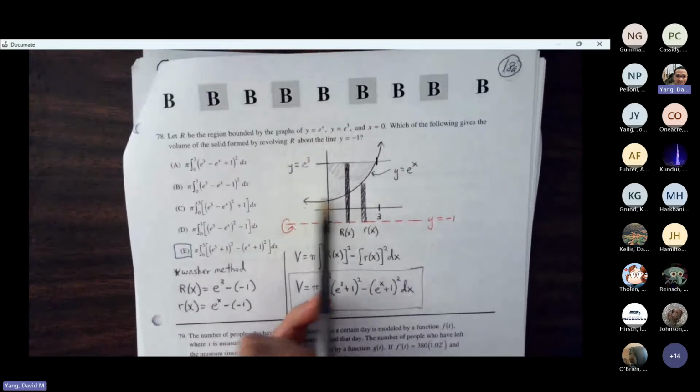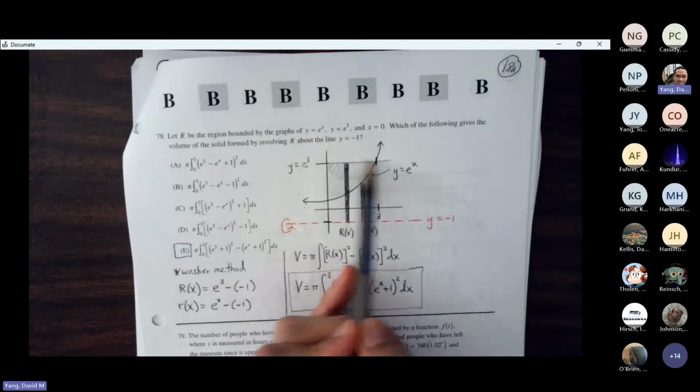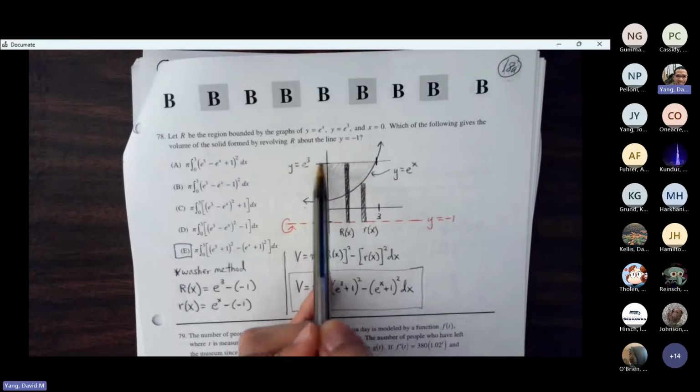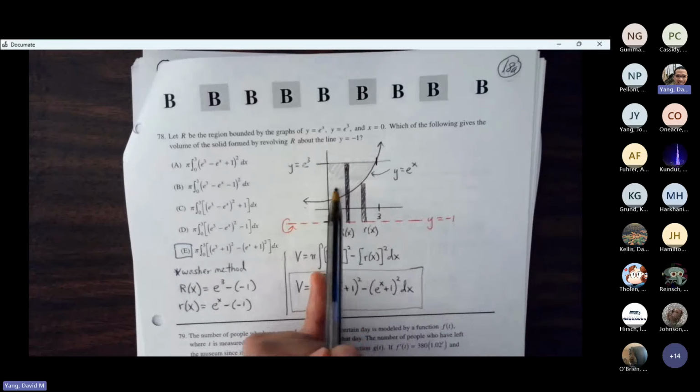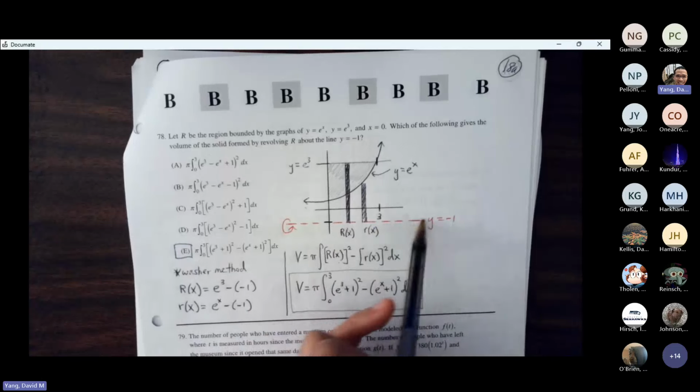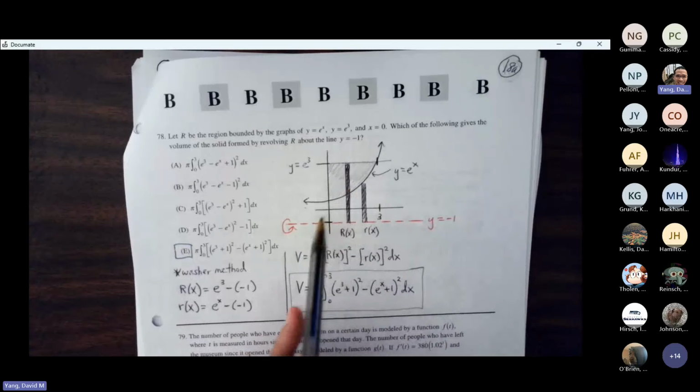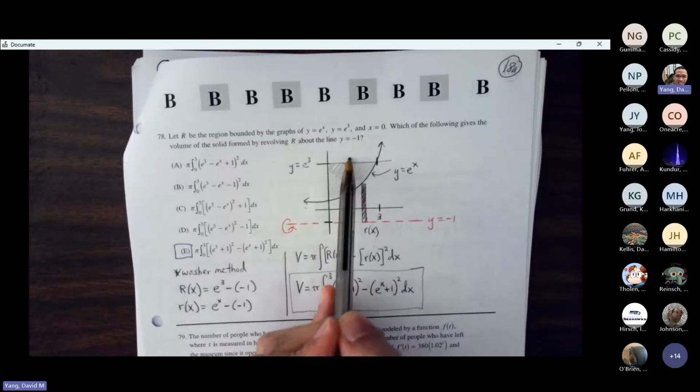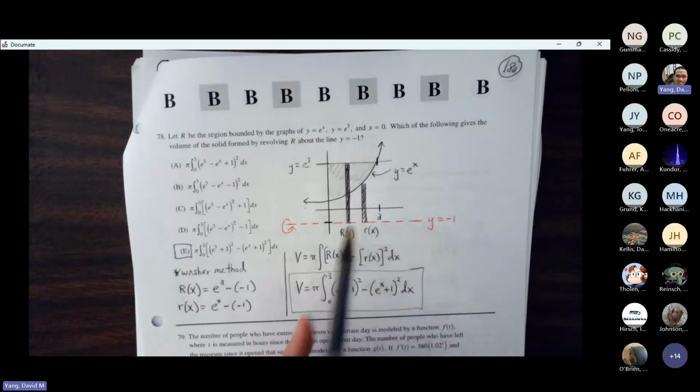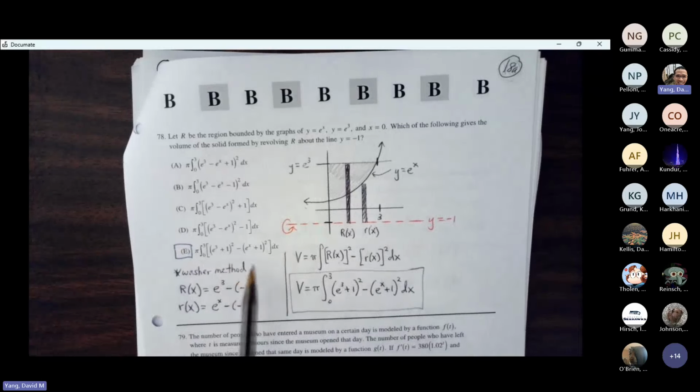With a calculator, it's nice that we can graph this, y equals e to the x, y equals e cubed, and recognize that this is my shaded region, and my dotted line is down here. So there's a gap between my dotted line and my shaded region. So I go top minus bottom. I know it's got to be the washer method. I have to draw two radii.